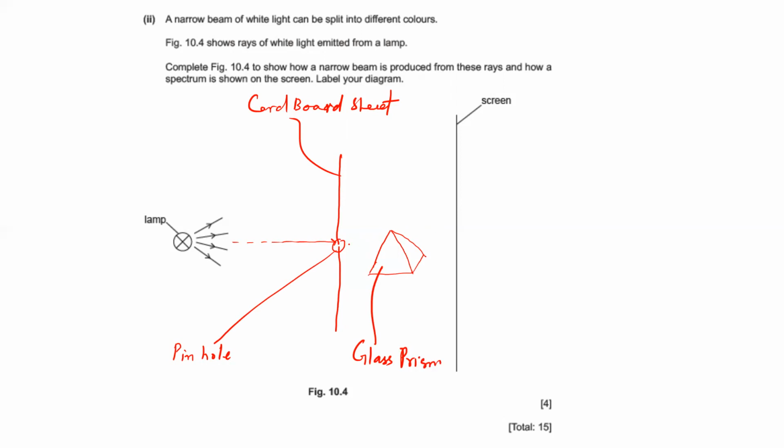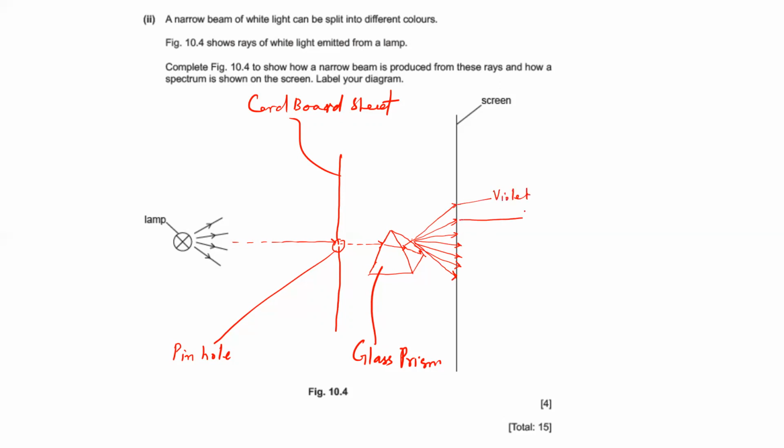Okay, so you can always say light coming here, and in glass it refracts, and again there will be this light reflecting, 1, 2, 3, 4, 5, 6, 7.